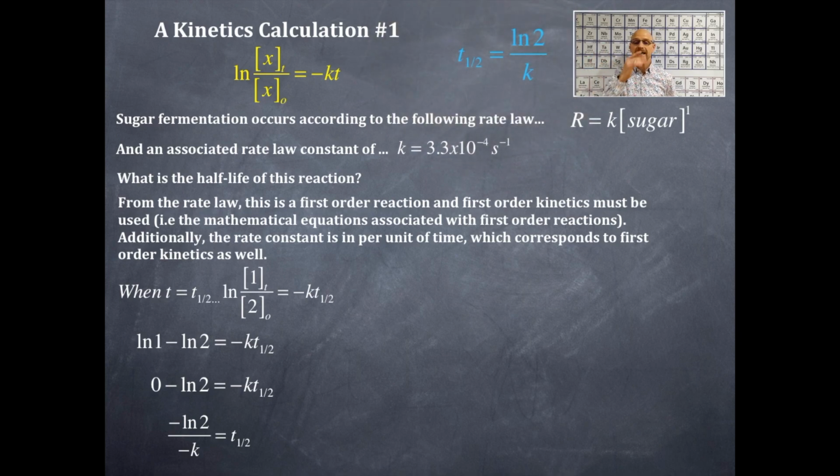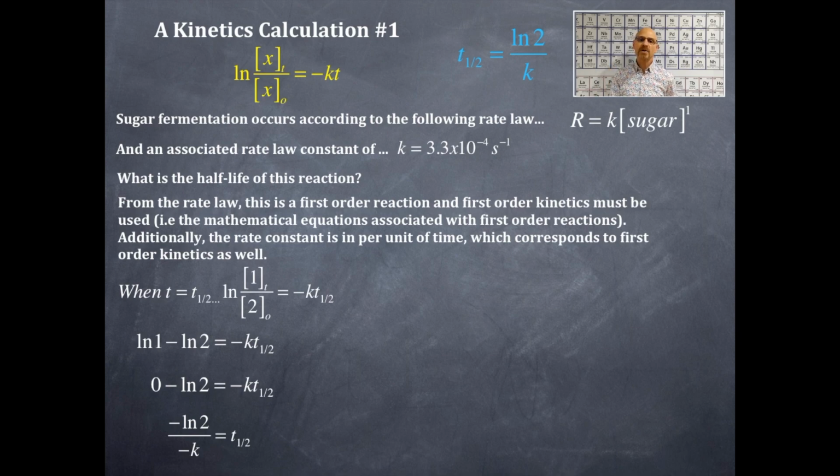Right there in the upper right-hand corner in the blue, t of 1/2 is equal to natural log of 2 over k. I have just solved for the half-life equation for the integrated first-order rate law, or the half-life equation for first-order kinetics. I did that for zero order and second order on the previous lecture, but this one is so very important because this is used so much.